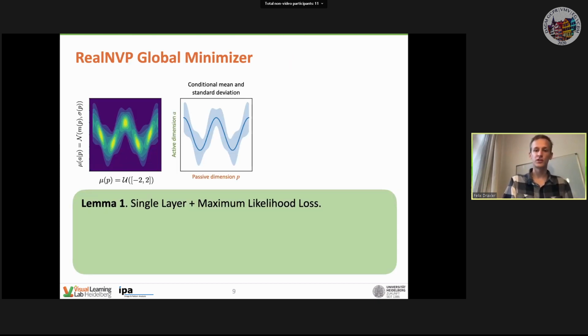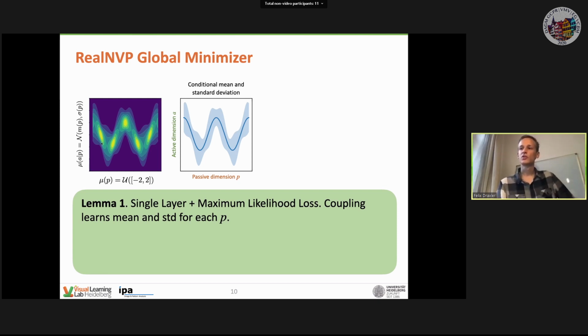So let's get started. What does a real MVP layer learn at the global minimum? Well, when it is coupled to maximum likelihood loss, which is the typical loss for normalizing flows, it learns the mean and the standard deviation of the distribution of A's for each P. So here I have an example.